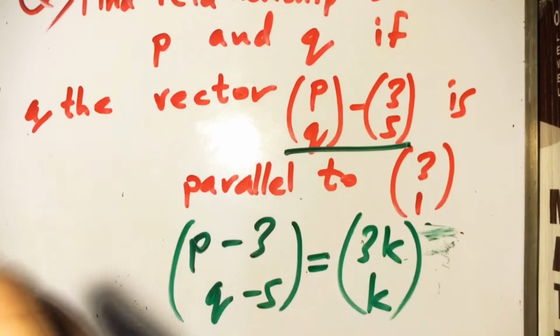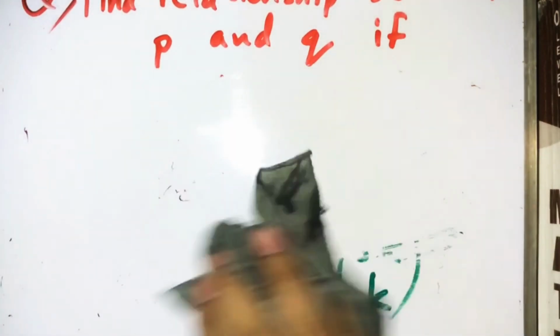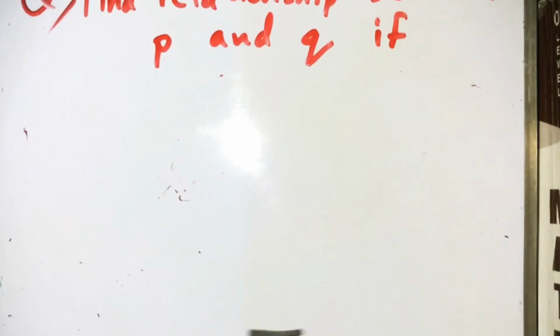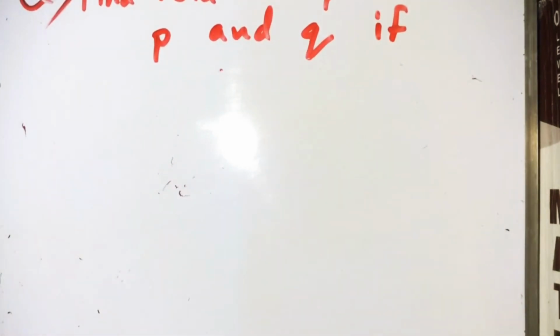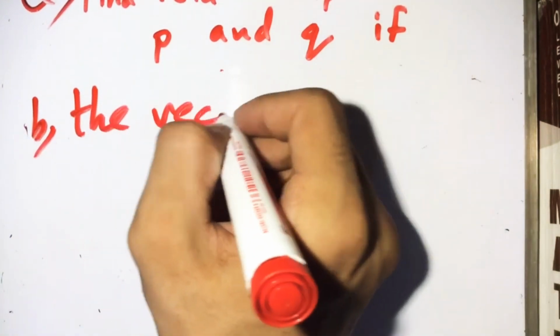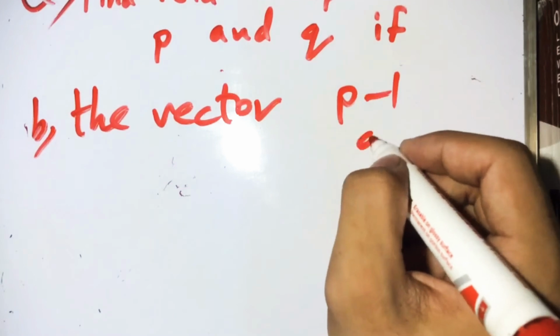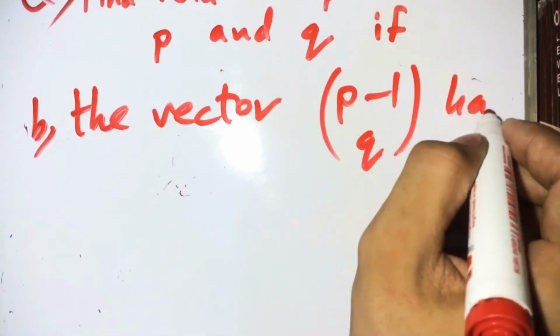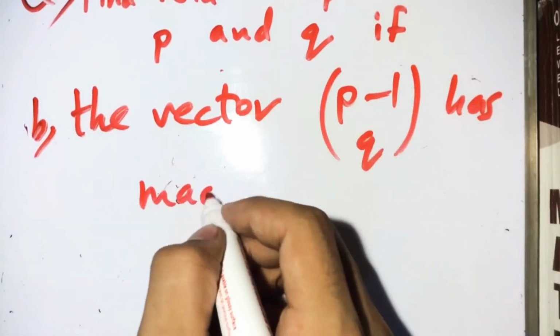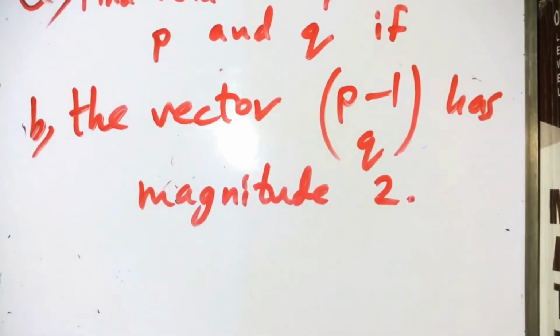Now the second part says the vector (P minus 1, Q) has magnitude 2.